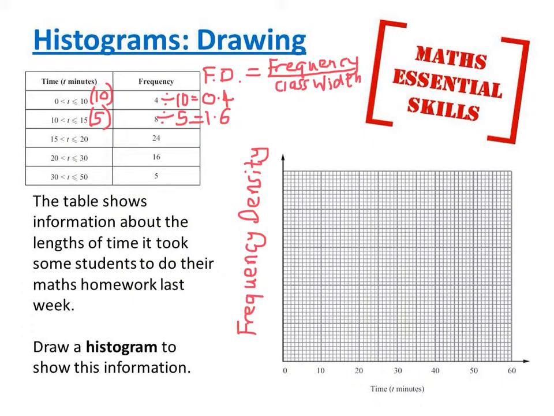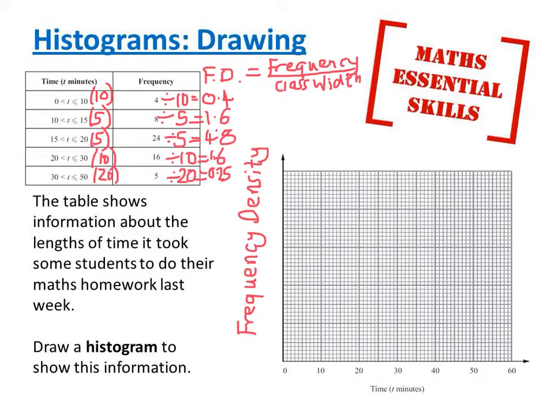This next class width is a class width of 5, so 24 divided by 5 is 4.8. The next class width has a size of 10, and 16 divided by 10 is 1.6. And finally we've got a class width of 20, and 5 divided by 20 is 0.25. It's the same as a quarter.